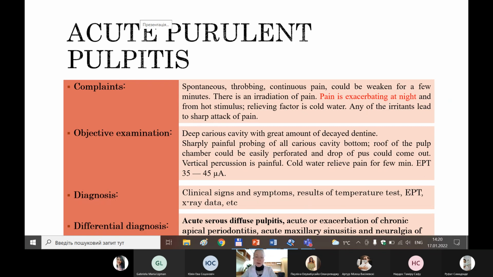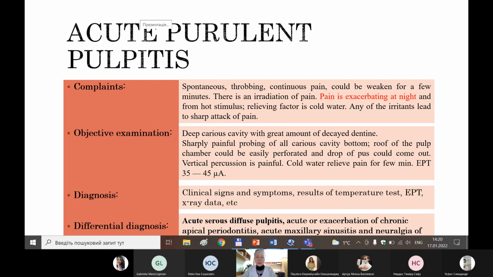Electric pulp test 35-45 microamperes. Actually, percussion in a case of suppurative inflammation is extremely painful because the suppurative exudate presses on nerve endings, and thus there is pain during percussion.